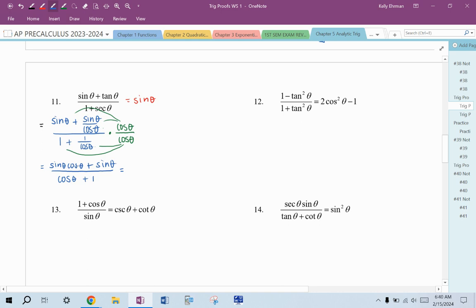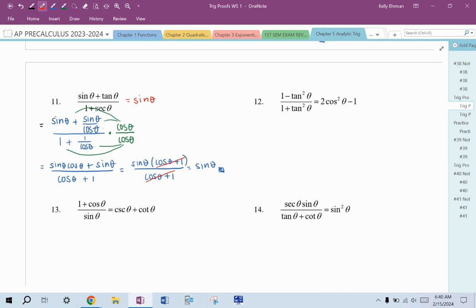You can factor out a sine theta, and that would leave you with cosine theta plus 1. And you still have cosine theta plus 1 in the denominator. And so those expressions divide out to 1. They're allowed to cancel. So we get sine theta, which is what we were trying to prove in the end.